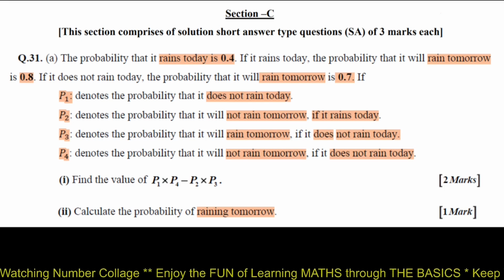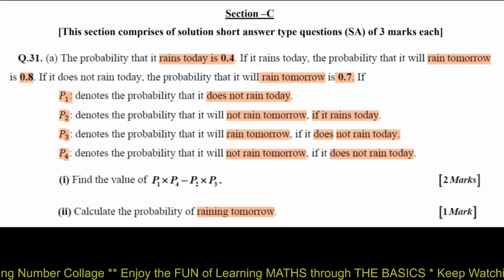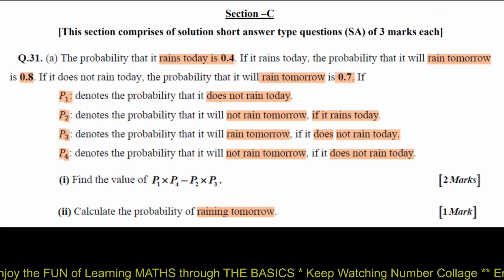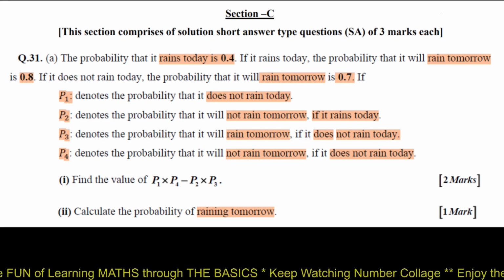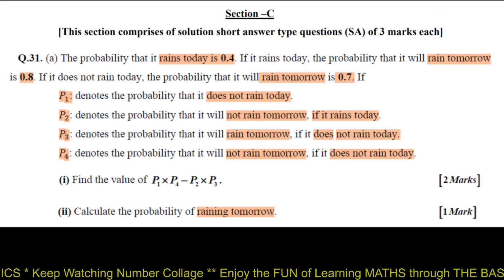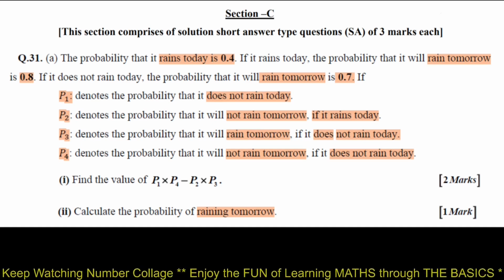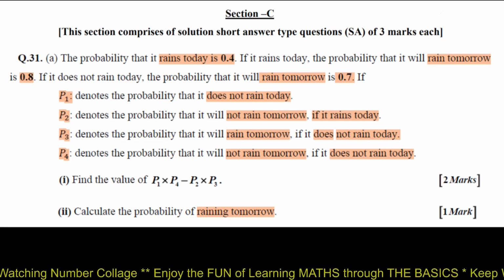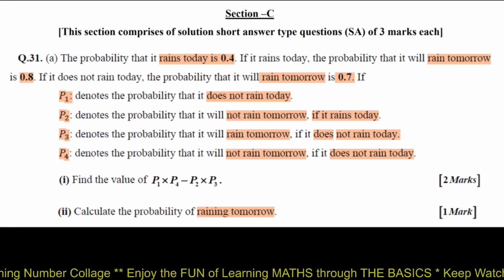In the second question, we have to calculate the probability of raining tomorrow. In above discussion, we find that probability of raining tomorrow depends on whether it rains today or whether it does not rain today. So this is a case of conditional probability.